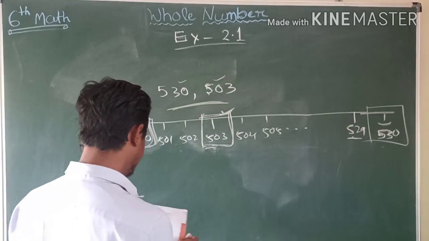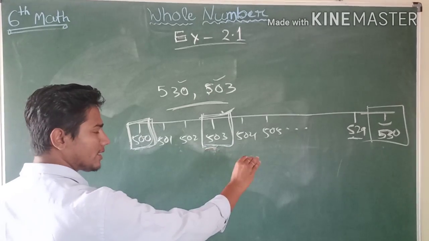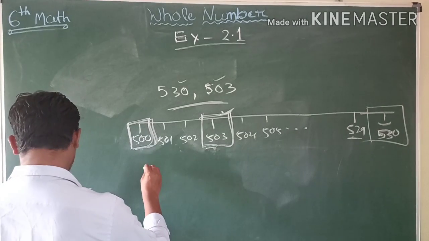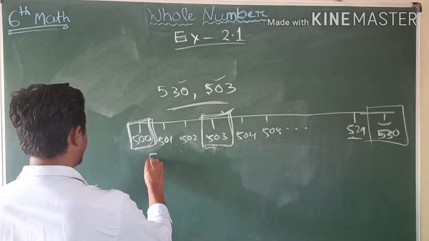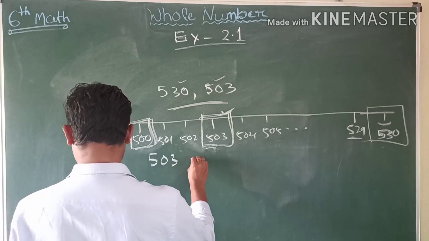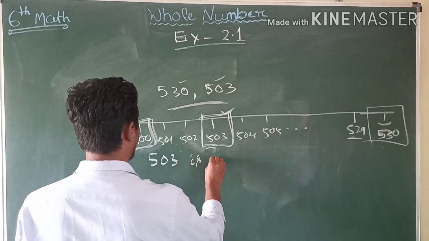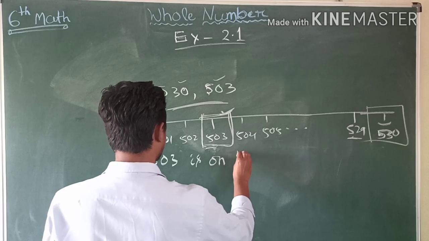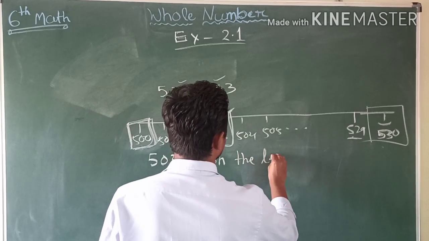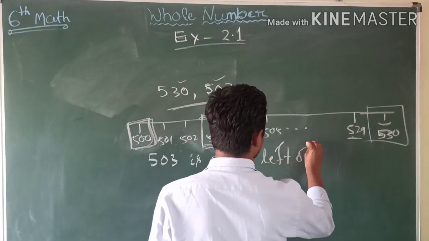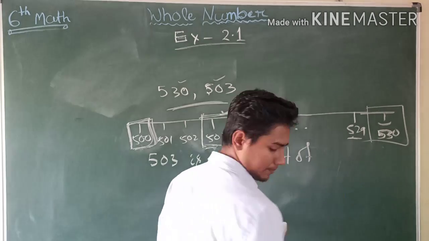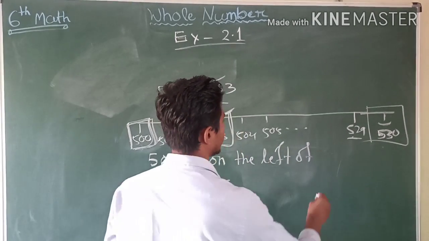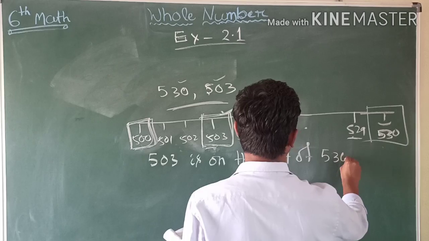So what can you write? First you draw this number line like this, then you write 503 is on the left of 530.